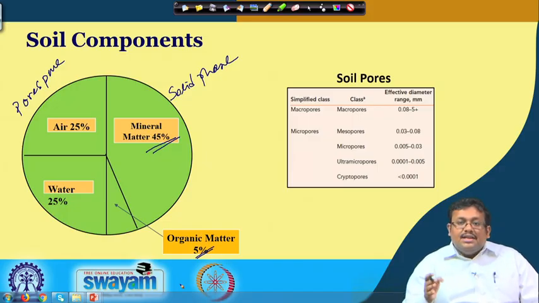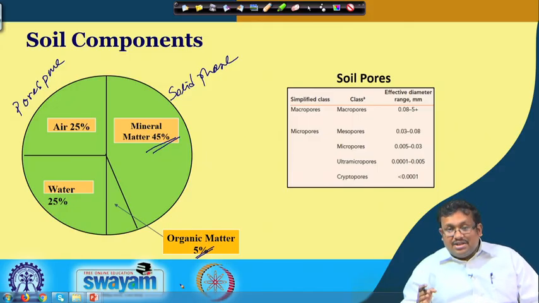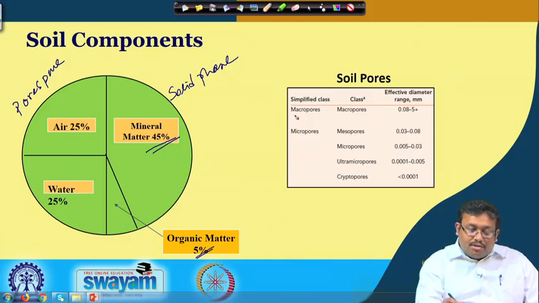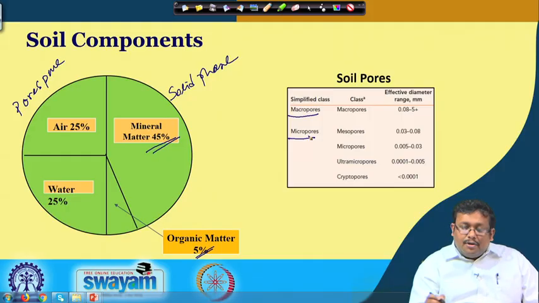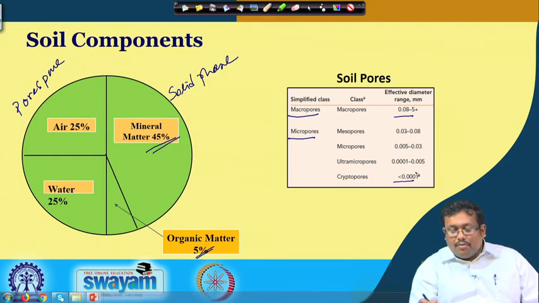So, if you see the soil pores, based on their effective diameter range, we have classified them into 2 major simplified classes: macropores and micropores. Macropores have an effective diameter of 0.8 to 5 millimeter, whereas micropore diameter ranges from less than 0.001 millimeter to 0.08 millimeter.